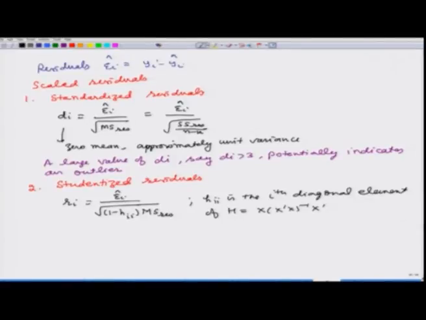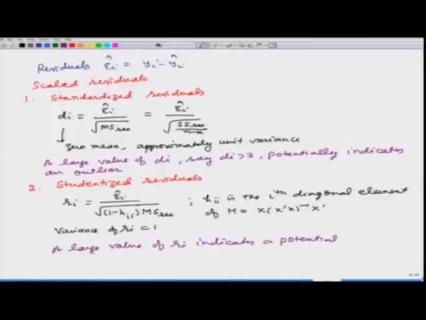And the variance of Ri is equal to 1. This also has a similar interpretation as di, that a large value of Ri indicates a potential outlier.